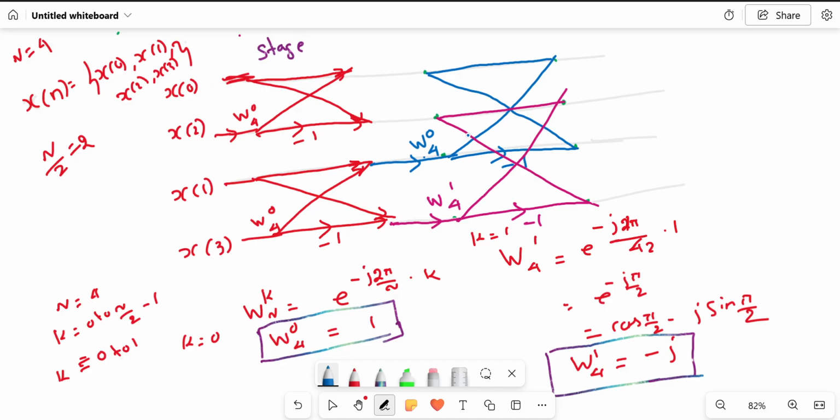Then the output will be x of 0, x of 1, x of 2, x of 3. The input should be in bit reversal order. The output should be in natural order.